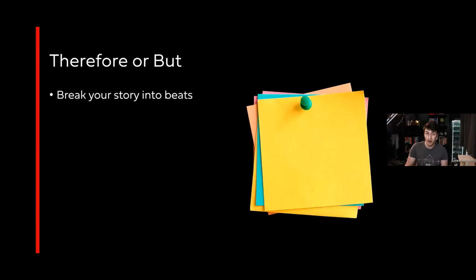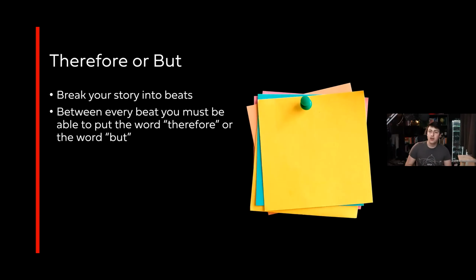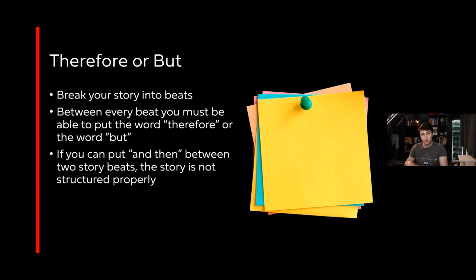I'd literally write a story beat on a Post-it note, stick it on the wall, and write out all the information that I want to convey, and then I could rearrange them such that between every beat, every Post-it note, every beat of your story, you must be able to put the word therefore or the word but. If you can put and then between two story beats, then the story is not structured properly.